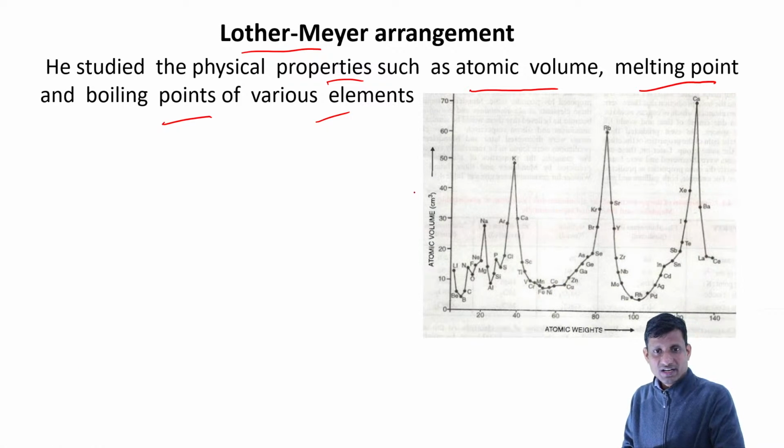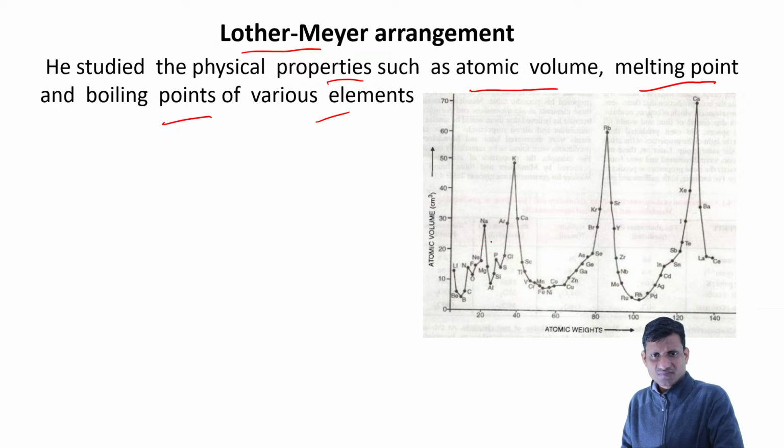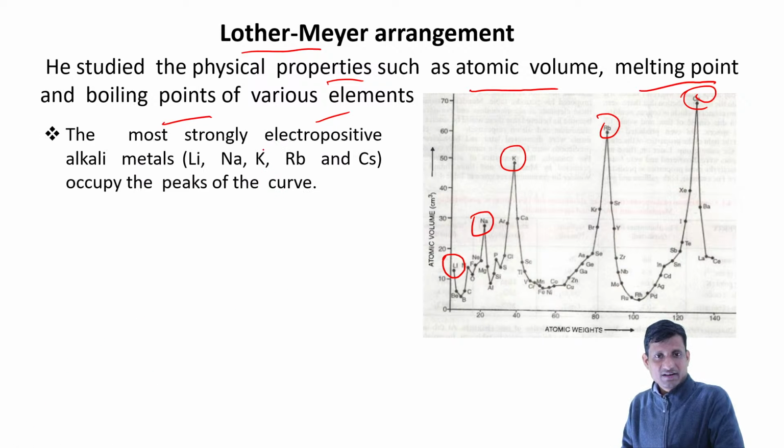When he measured the atomic volume, he found that metals like lithium, sodium, potassium, rubidium, and cesium are at the top. Basically they have the highest atomic volume, and they are at the peak of the curve.